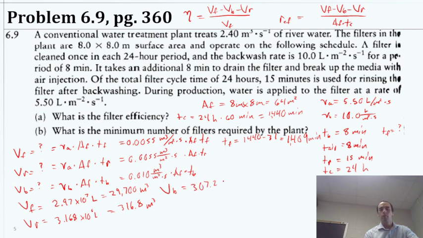3.072 times 10 to the 5th. Okay, and I just converted that to cubic meters, 307. Okay, so then that gives us a filter efficiency. We do 29,700 minus 307 minus 316, all that divided by 29,700. Who's got that value for me?